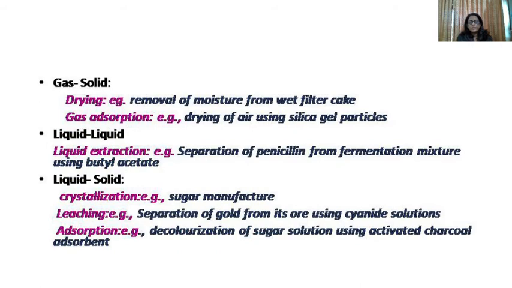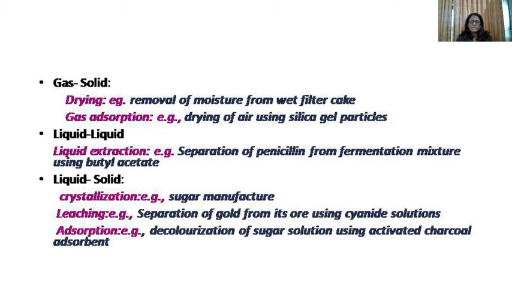Important operations under the gas to solid category are drying and gas adsorption. Drying is the operation used for removing moisture from wet solid substances. Here the drying is achieved by contacting the wet substance with a gas, usually air, which transfers heat to the moisture, thereby causing its evaporation.